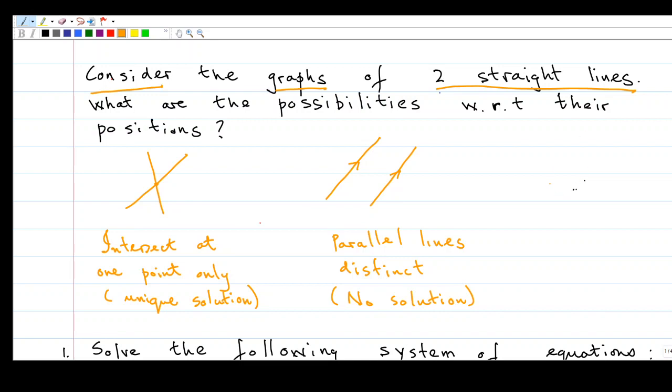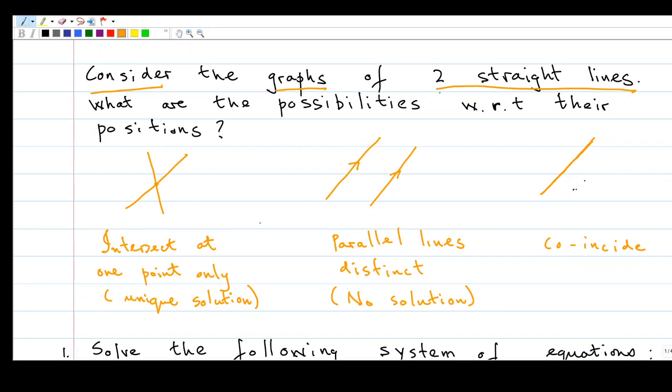We could also get a case where the straight lines coincide. Right? In other words, it's the same straight line.